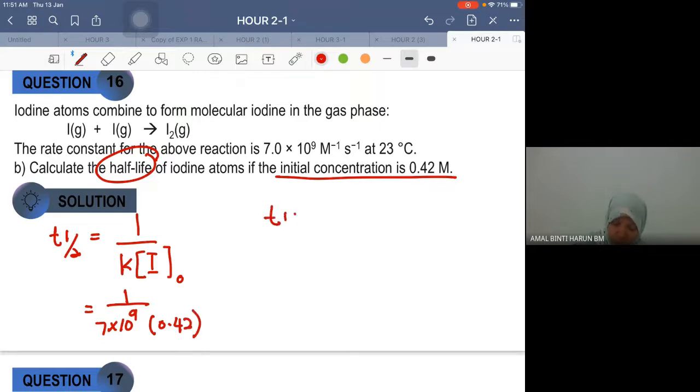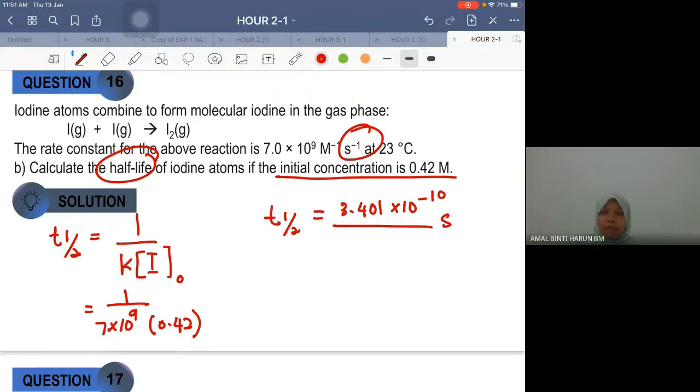So half-life dia dalam unit apa? Kita tengok sini. Second. Untuk constant dia kan. So saat lah kat sini. 16B. So it will be 3.401 eksponen negatif 10 saat.